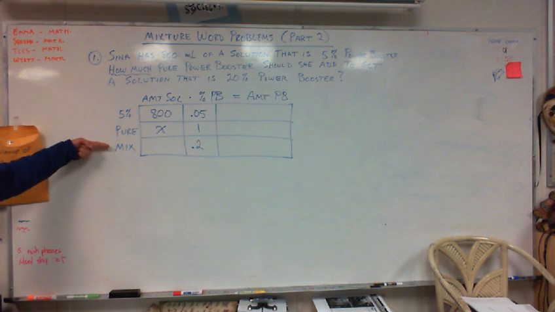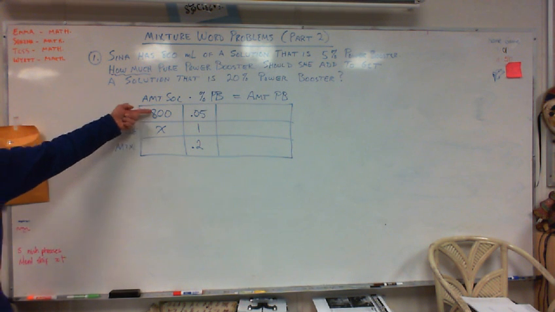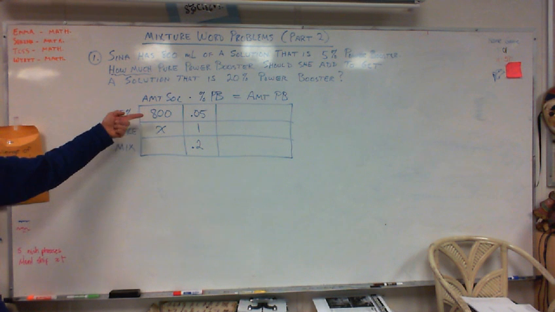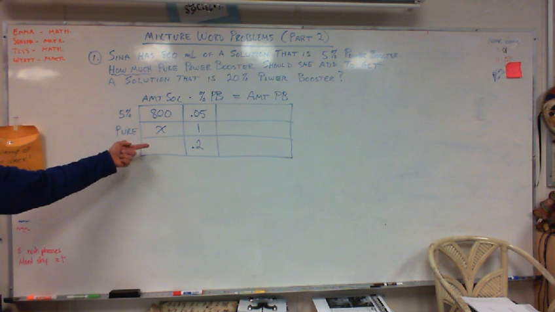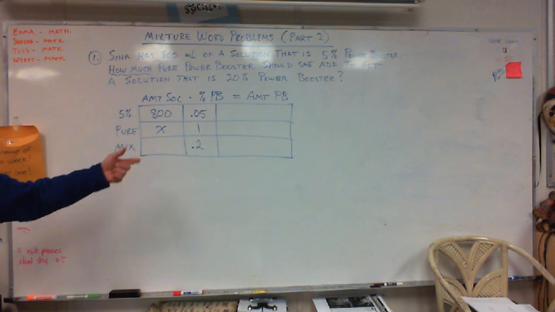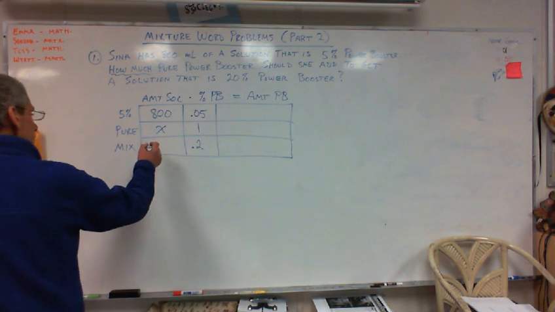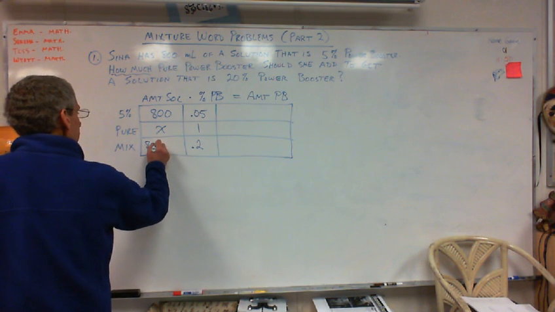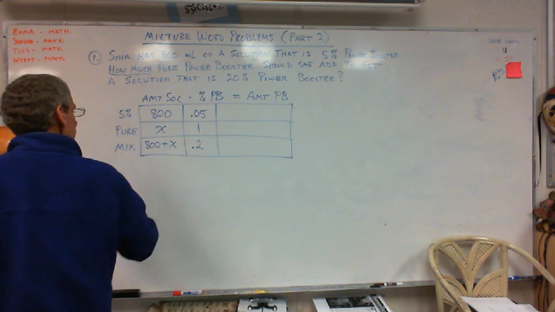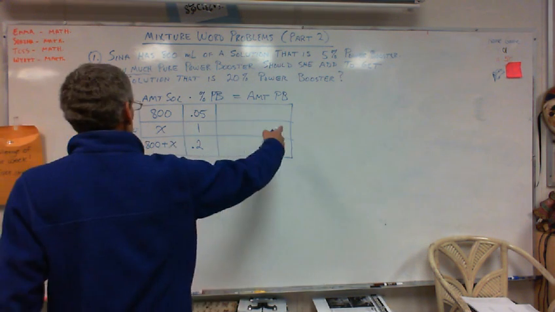This is a mixture of these two things. What's the amount of these two things? I have 800 of this, and I have X of this. So what would this have to be? 800 plus X, right? Not times X, but 800 plus X. You're just adding each mixture together. That's all it is. So now you just multiply it out.